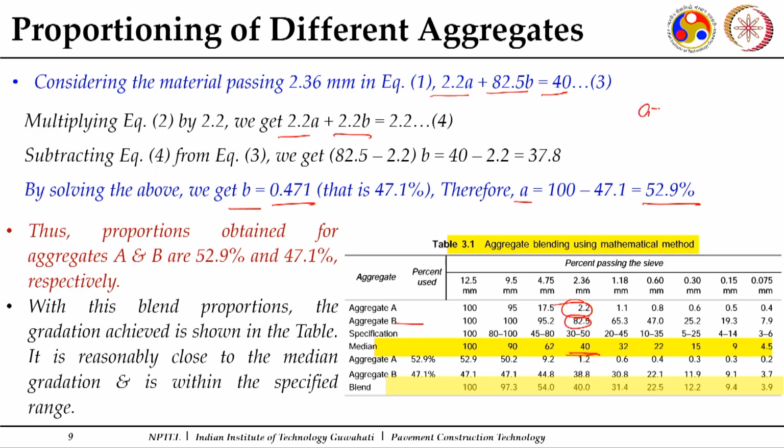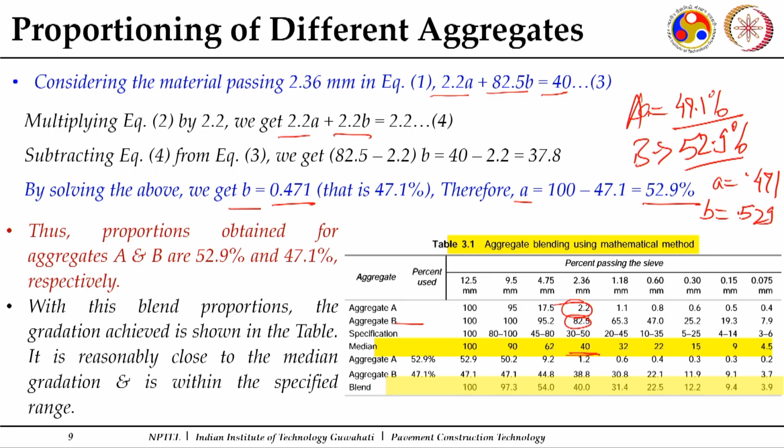The first trial came out to be 47.1% of one material and 52.9% of the other. The proportion is to be mentioned in fraction, as shown here: 0.471, and the other is 0.529.